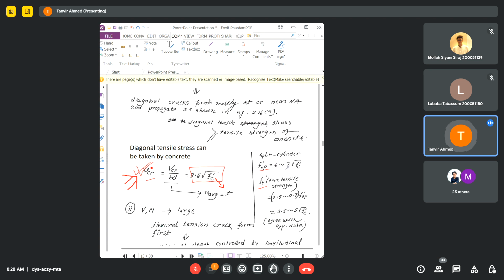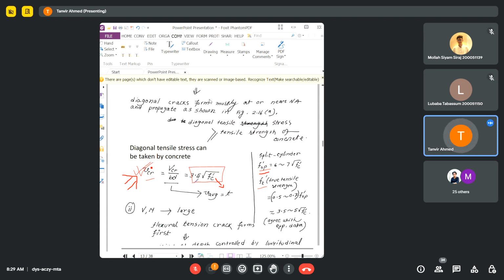We have discussed many times that the split tensile strength of concrete is 6 to 7 times the square root of the compressive strength of the concrete, and the direct tensile strength, or the true tensile strength, will be 50% to 70% of the split tensile strength. So this value in that case will be 3.5 to 5 square root of fc prime.